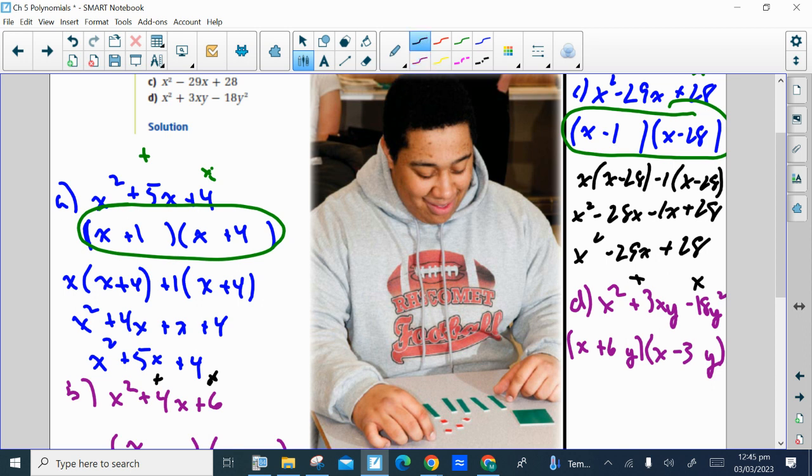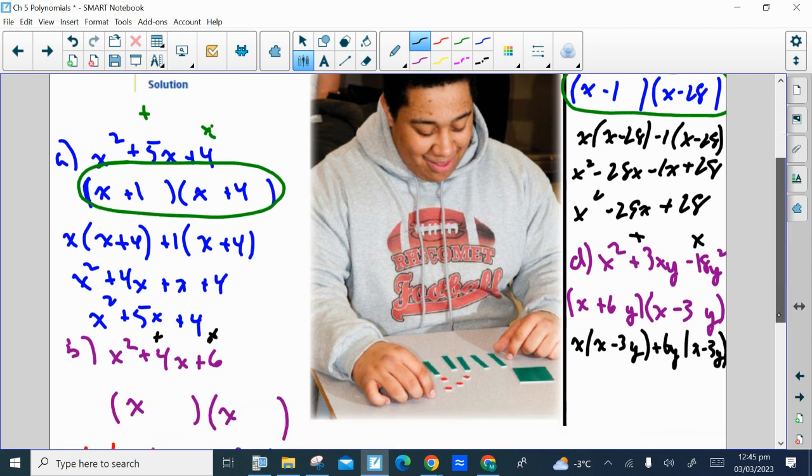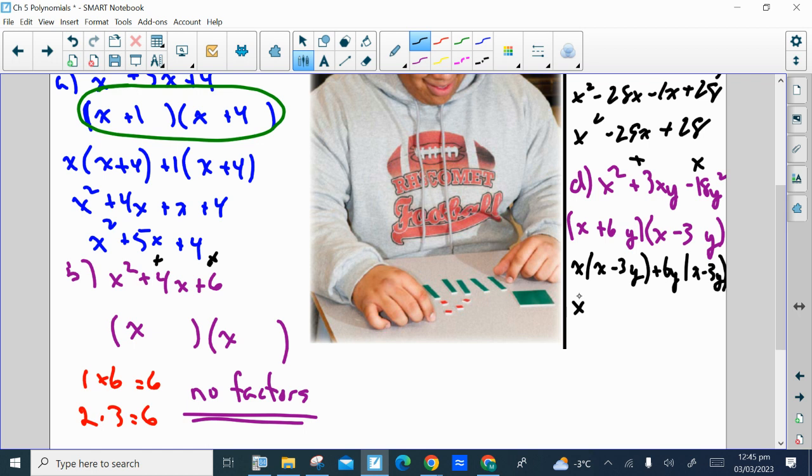To make sure that they are correct, again, we will multiply them out using the distributive property. So x times x is x squared. x times negative 3y is negative 3xy. 6y times x is 6yx or 6xy. When you multiply, order doesn't matter.